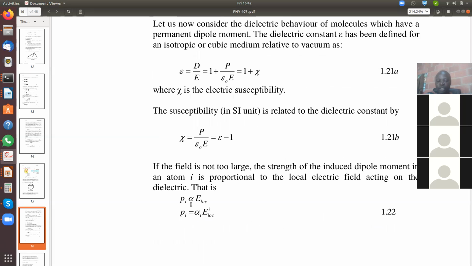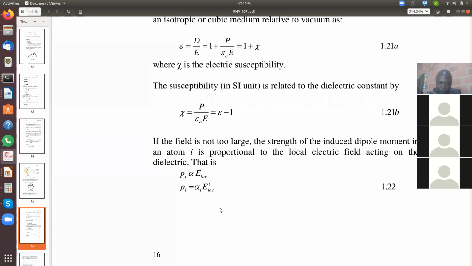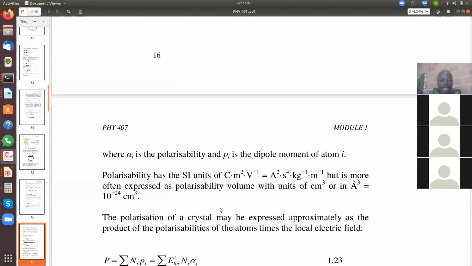Which is given with this equation, p_i proportional to the local electric field, and p_i is equal to alpha_i times E_loc, which is the local electric field, where alpha_i is the polarizability and p_i the dipole moment of an atom i.